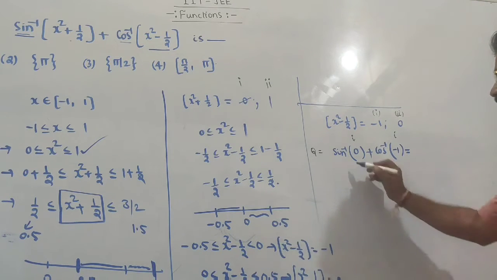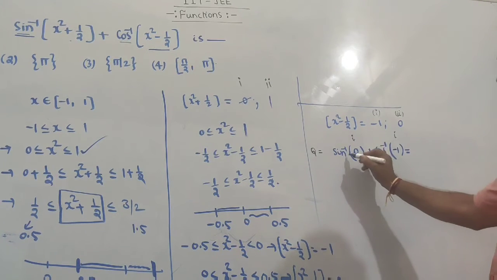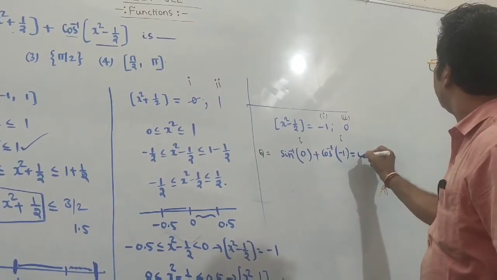So that is equal to sine inverse of 0 plus cos inverse of minus 1.